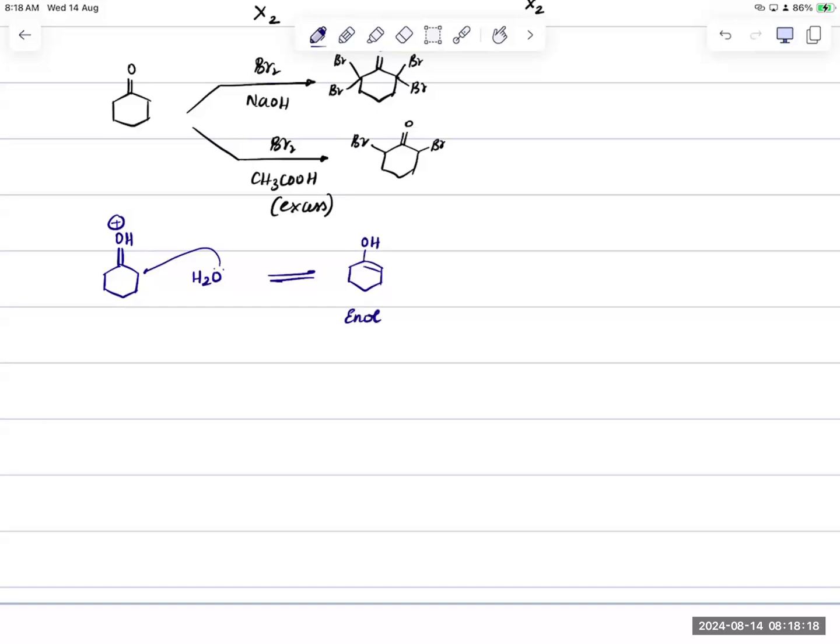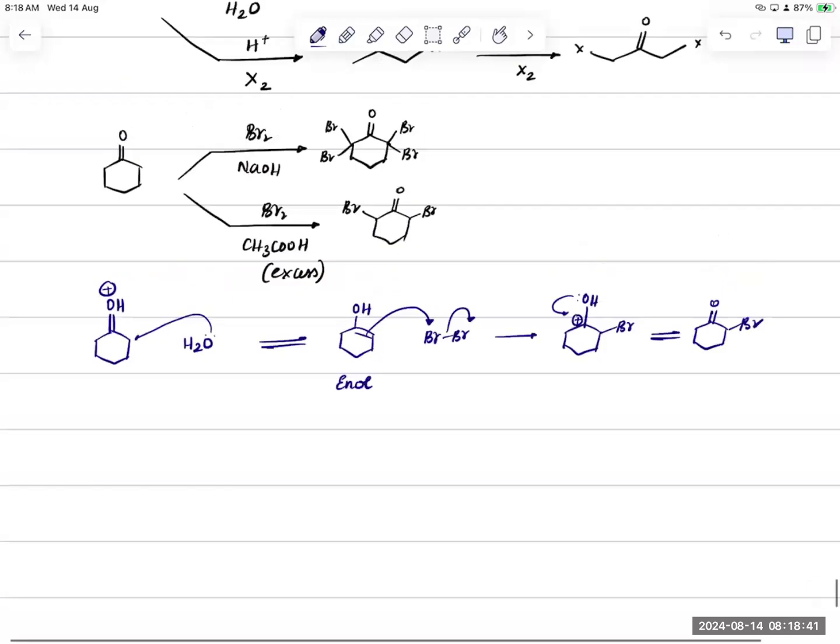Once you get enol, the halogen will get attacked by the pi bond here, and we shall get this as OH with positive charge and Br. The lone pair will close it here. We will get this as double bond and Br. So this is the alpha substitution which you will get.